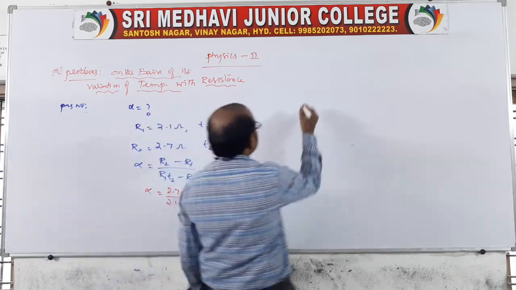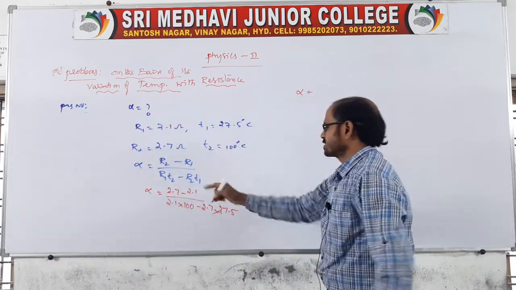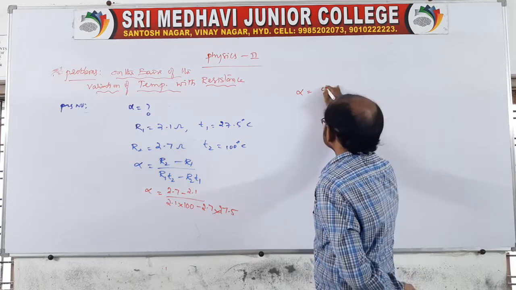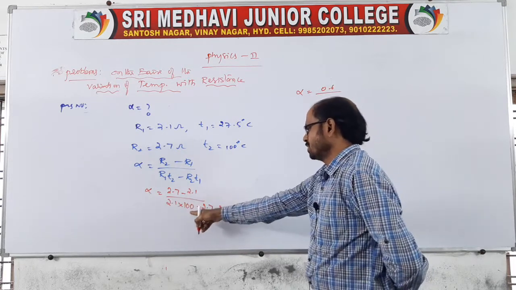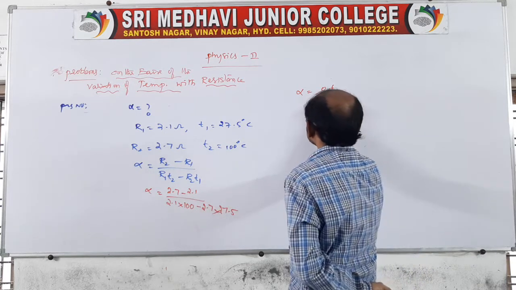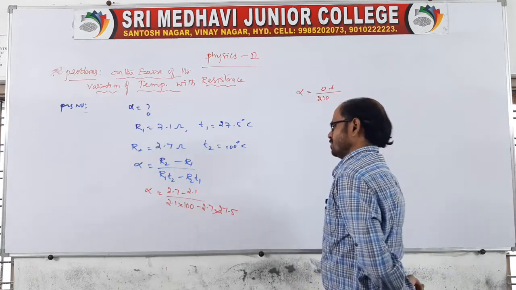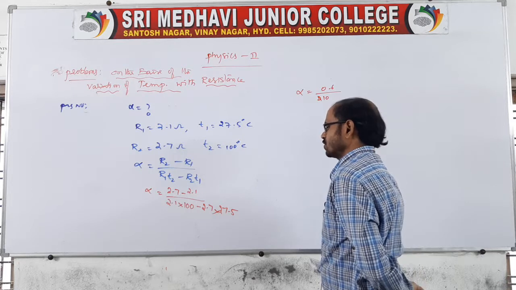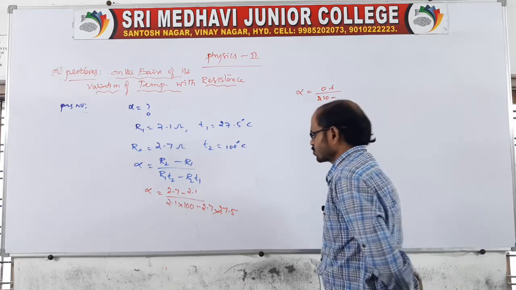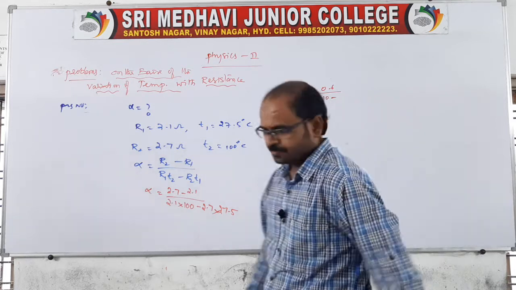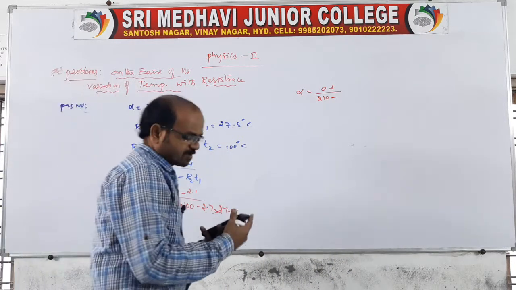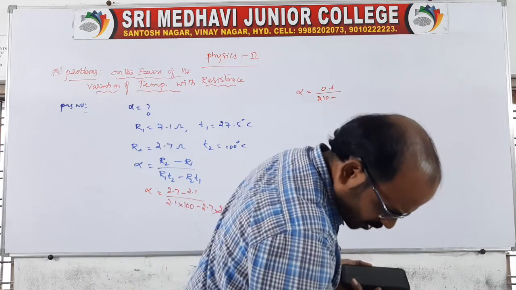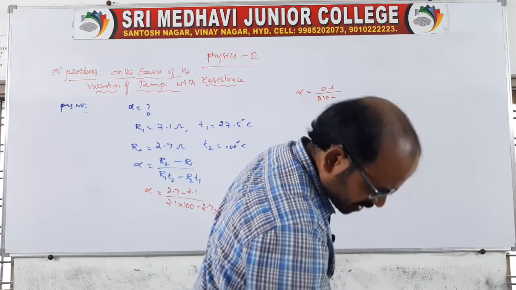So alpha is equal to 2.7 minus 2.1, approximately 0.6, by 2.1 into 100, which is 210, minus 2.7 into 27.5, which is approximately 74.25.